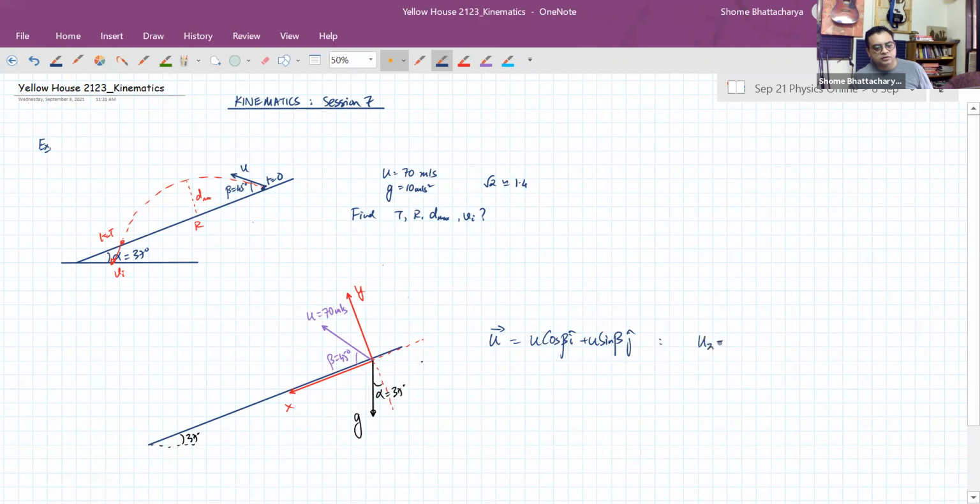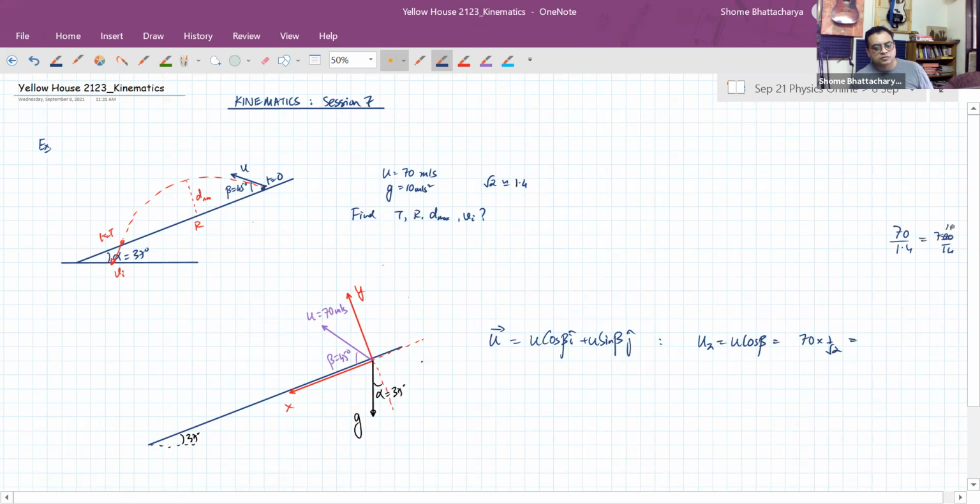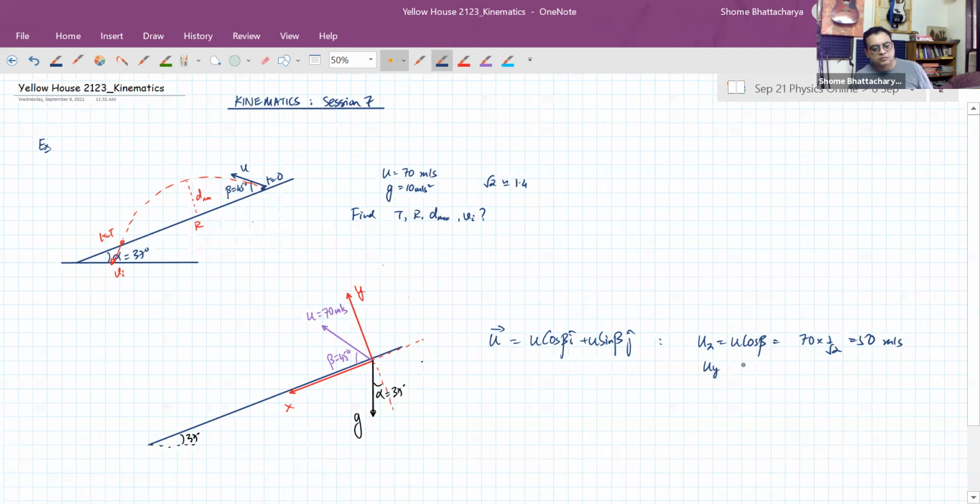So when we do that, here is our acceleration.